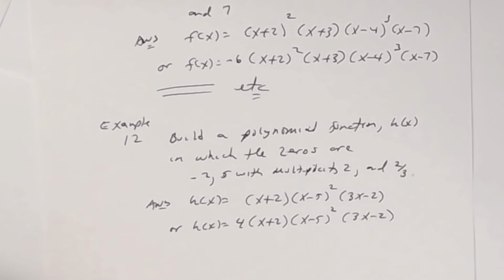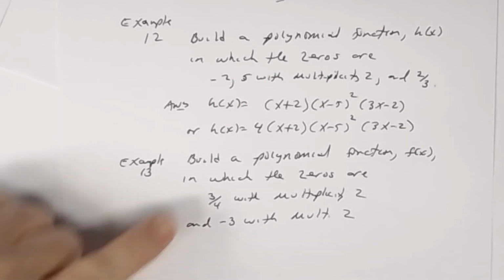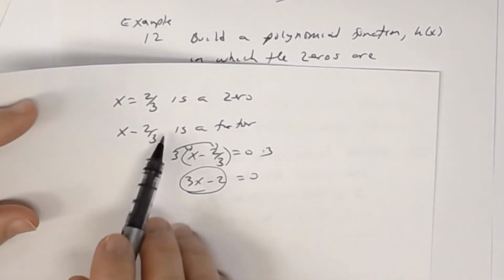Okay, let's look at one more example, 13. Build a polynomial function f of x in which the zeros are 3/4 with multiplicity 2 and -3 with multiplicity 2. Okay, so remember the 3/4. Let's talk about the 3/4, and let's do it just like we did this one.